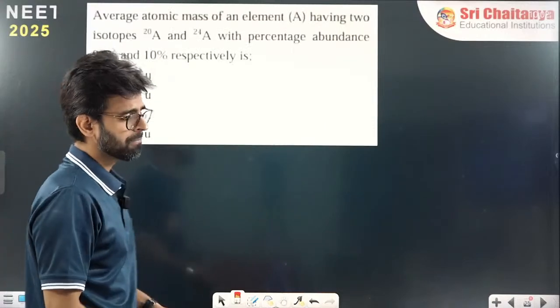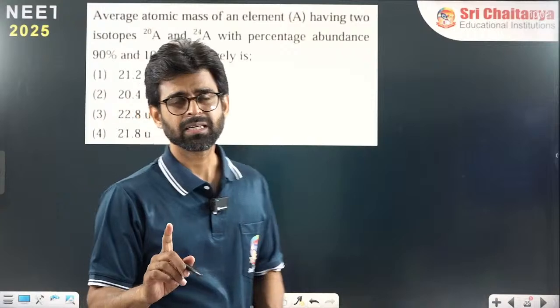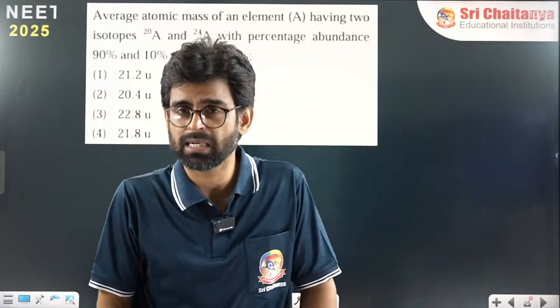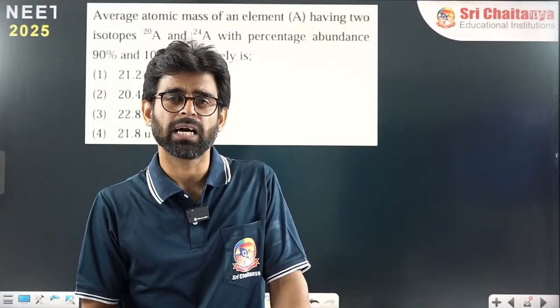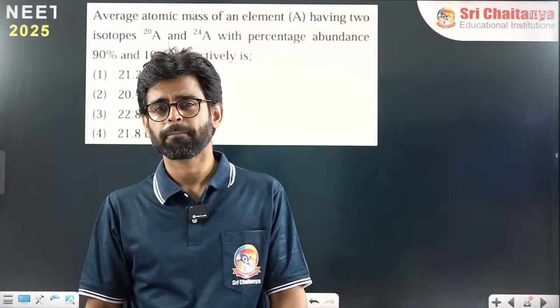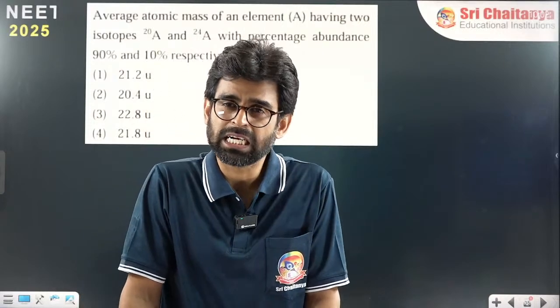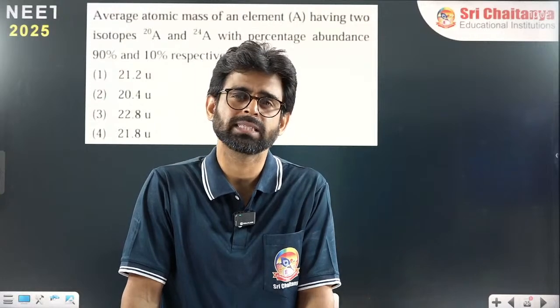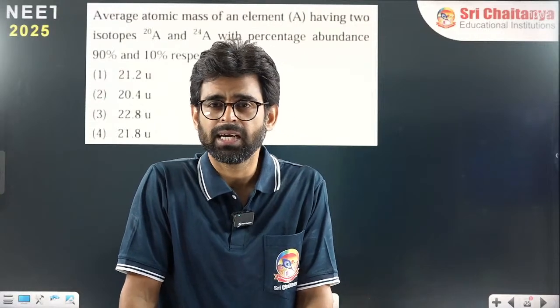I'm saying once again, higher the reduction potential means higher the chance of reduction. Higher the oxidation potential means higher chance of oxidation or higher interest in oxidation. If you connect two electrodes, the electrode with higher SRP acts as cathode and the electrode with lower SRP acts as anode, right?